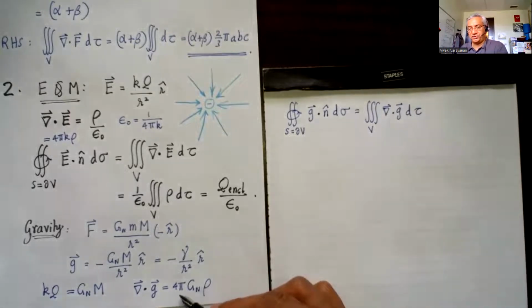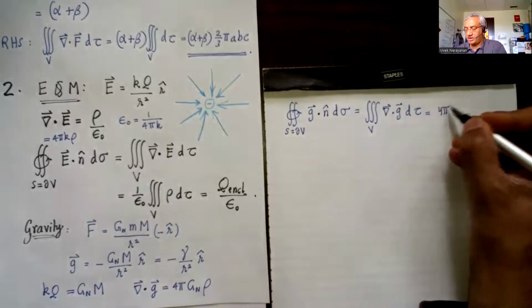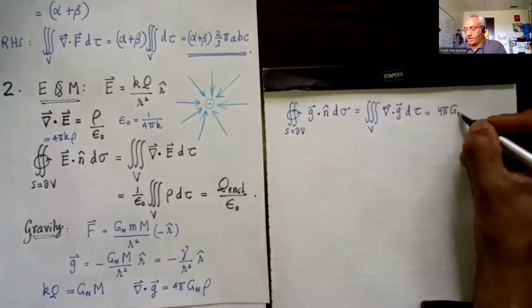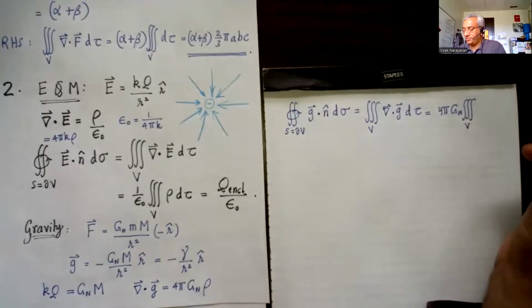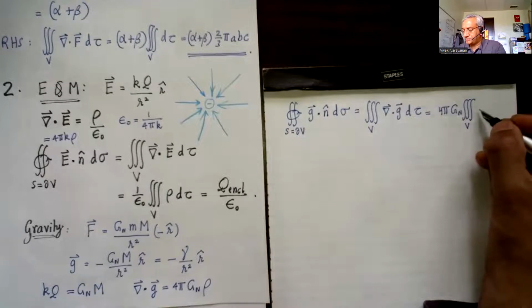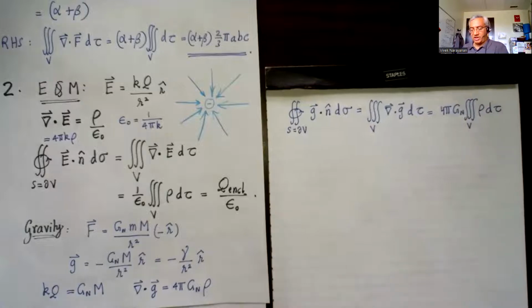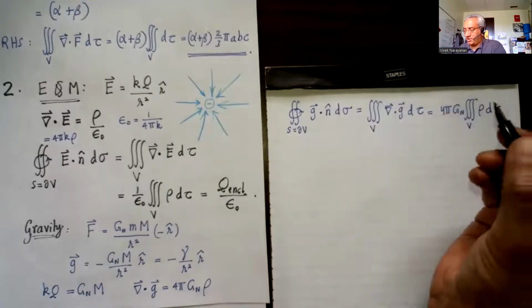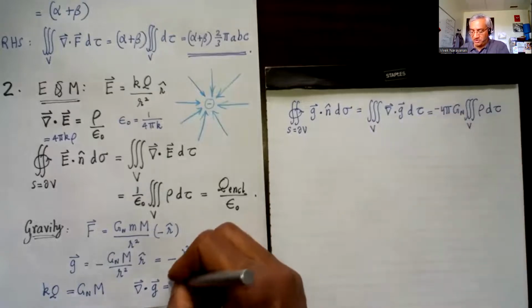The divergence of G is just 4 pi G sub n rho. So I can write this as 4 pi G sub n times the triple integral over the volume of rho d tau. The only thing I forgot, I realized as I was writing that, is a negative sign. So don't forget the negative sign. It's there. Gravity is always attractive.